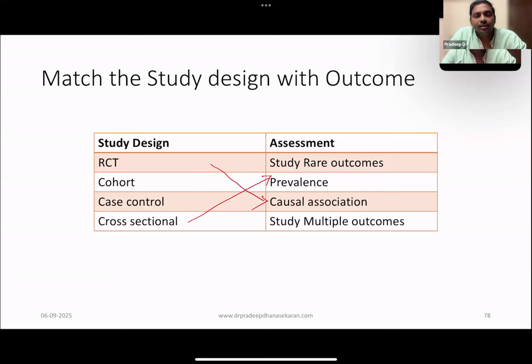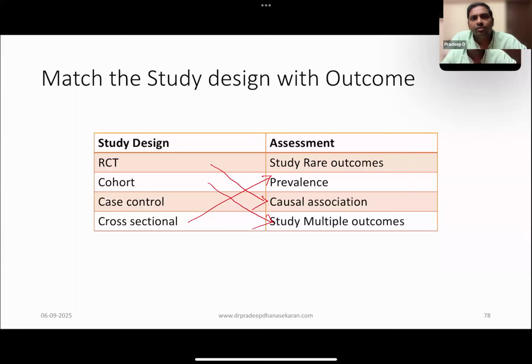Cohort study, you start from the cause, then you move to the effect. So you can identify multiple outcomes. So cohort study is used to study multiple outcomes. Whereas for rarer outcomes, say I am going to evaluate all the causes for malignant mesothelioma. That is a rare disease.